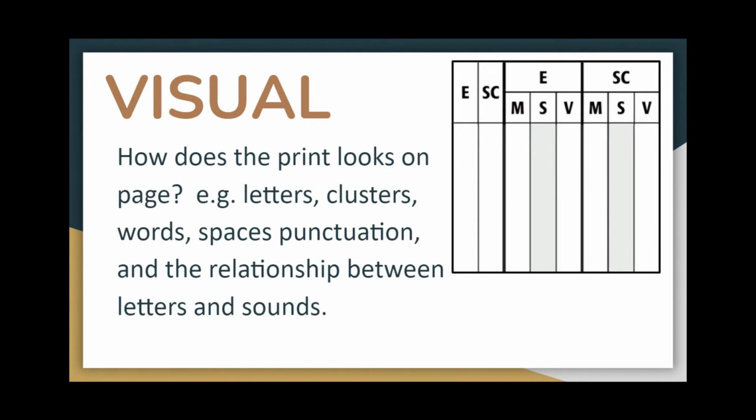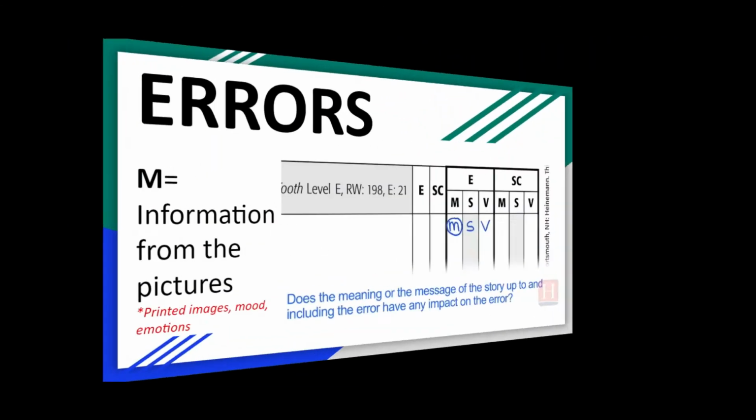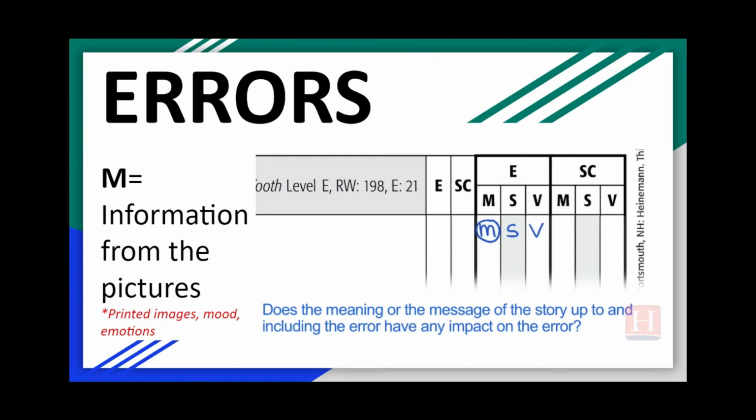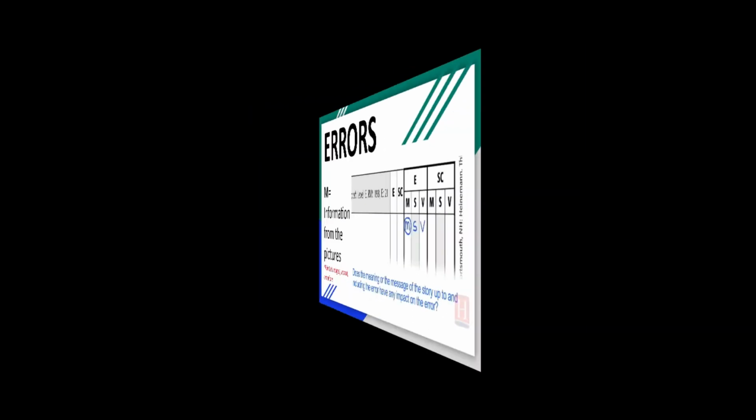So when we're looking at and analyzing errors and self-corrections, these are the following things we want to consider. When it comes to meaning, does the meaning or the message of the story, up to and including the error, have any impact on the error? These are the big guiding questions we want to use when looking at errors for message and meaning.